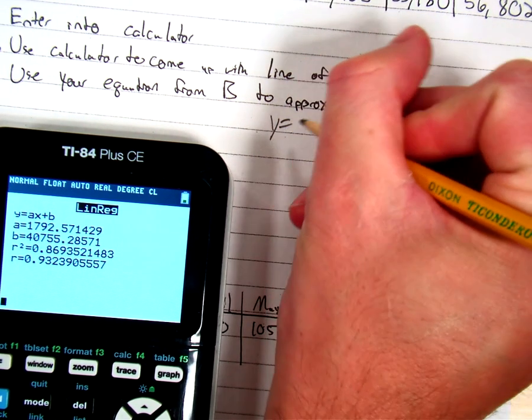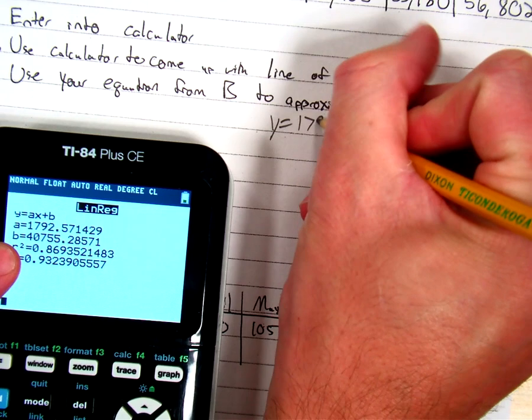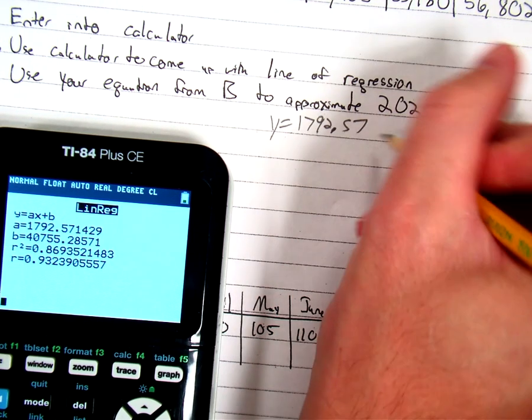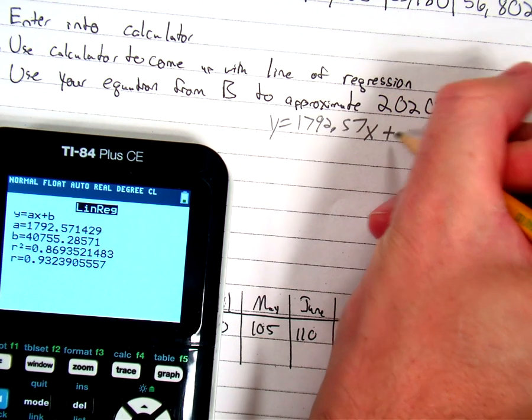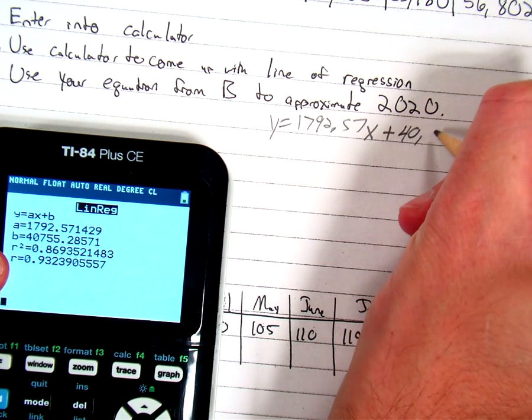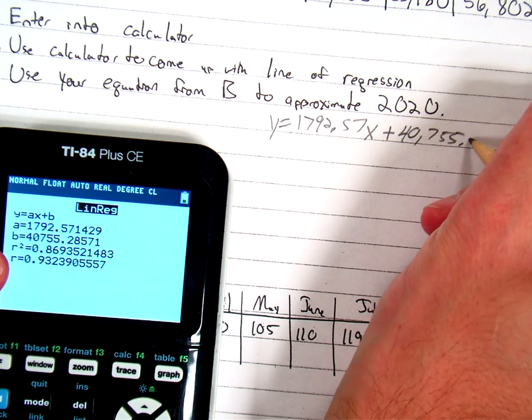And my A is 1792.57 x plus the B value is 40,755.29.